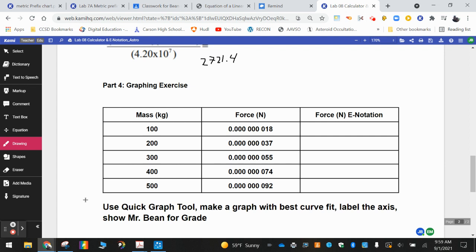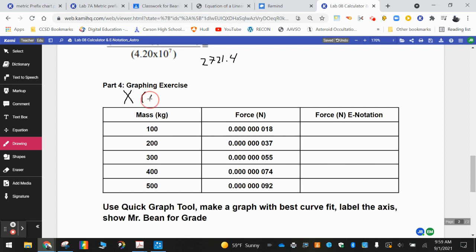Now, to use the quick graph tool, you have to use the E notation. Looking at these two, what's going to be the independent variable? Is it going to be mass? Is this the X column?